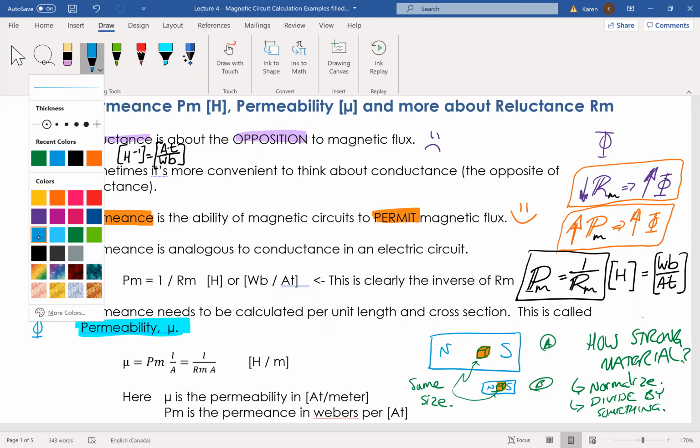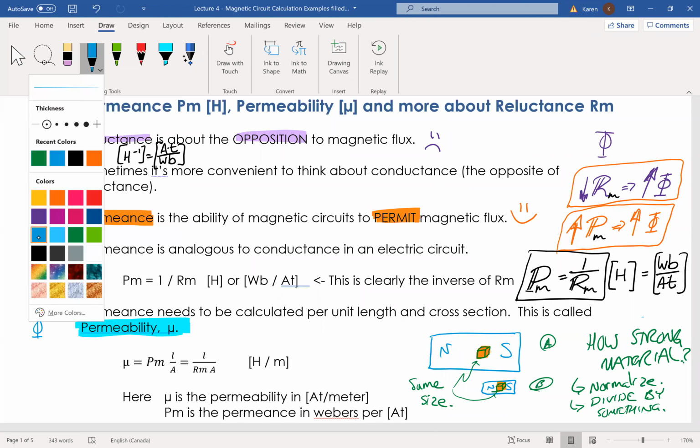So if I substituted in what PM is, here's my equation that I just wrote: PM times length over area. If I let the permeance equal 1 over reluctance, which it is, then it would be 1 over reluctance times length over area.